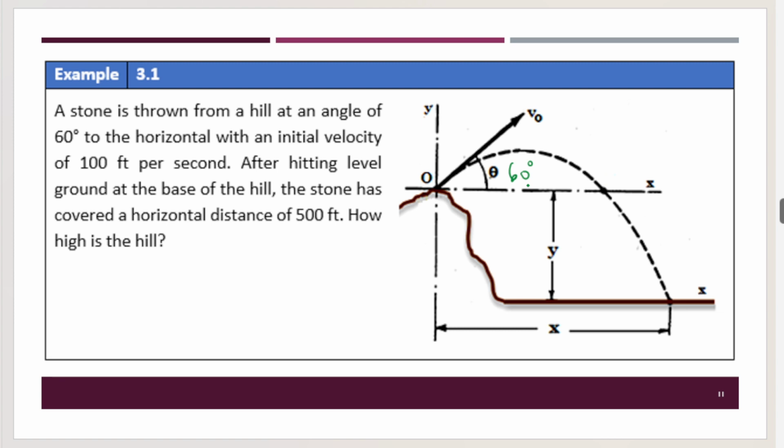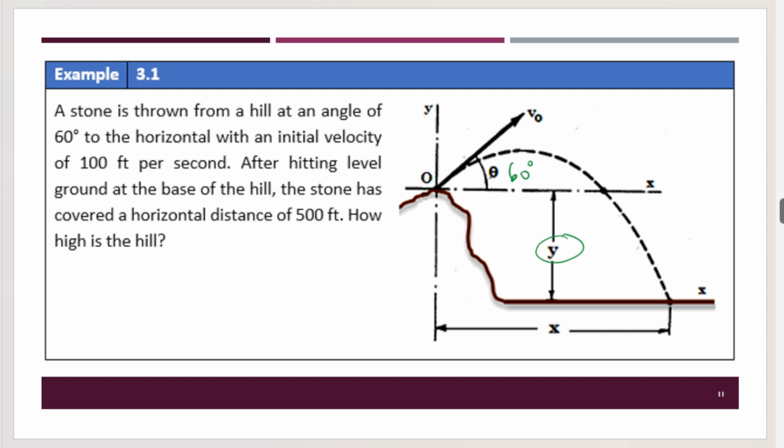How high is the hill? So, ang tinatanong sa atin, yung taas. I think this y value, yung tinatanong, kasi that is from your elevations of x, or x distance from another x datum, papunta na sa hill. So, yan yung tinatanong sa atin sa problem.